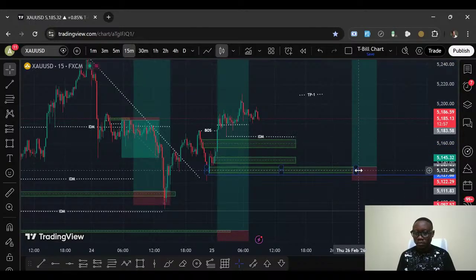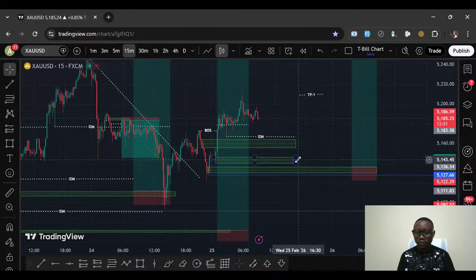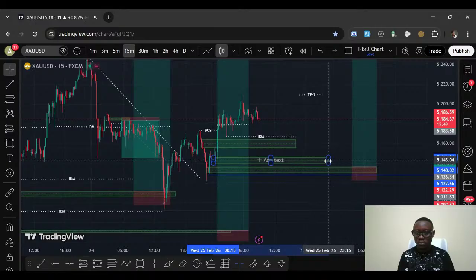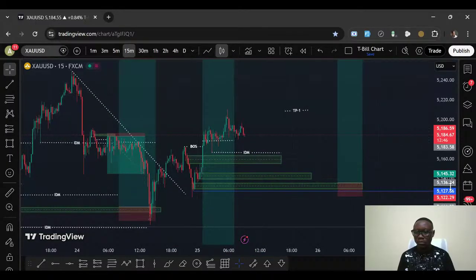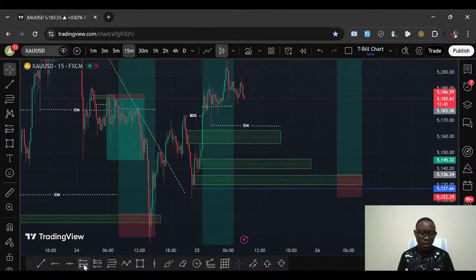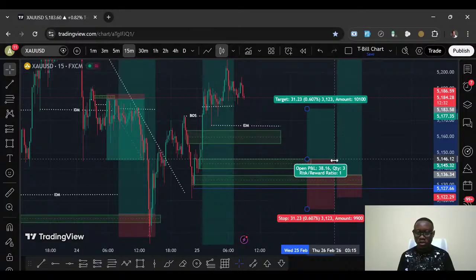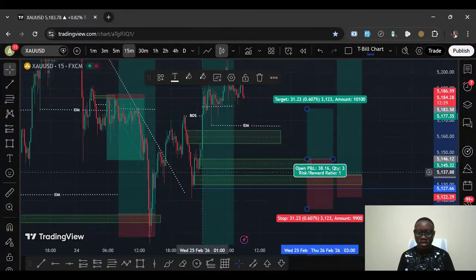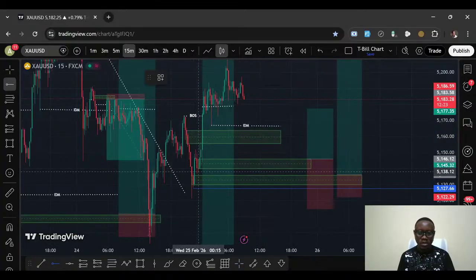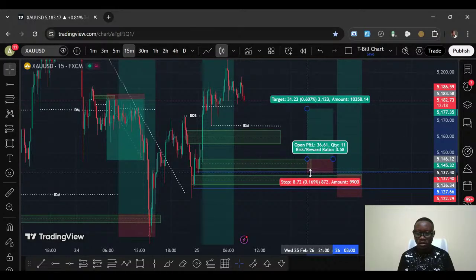And for this, in our position 2, our entry will be right here. Our SL will be slightly below, at this low, basically. Our SL will be right here. Okay, so this is our SL right here.